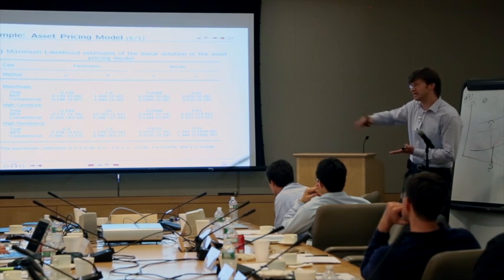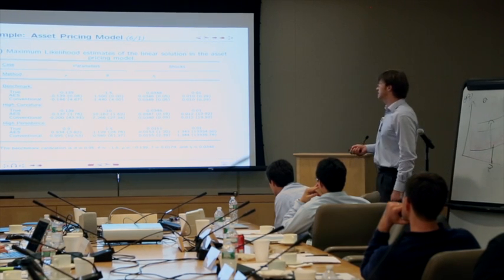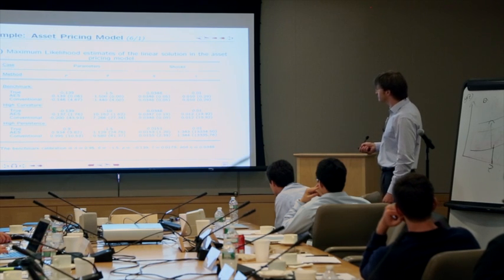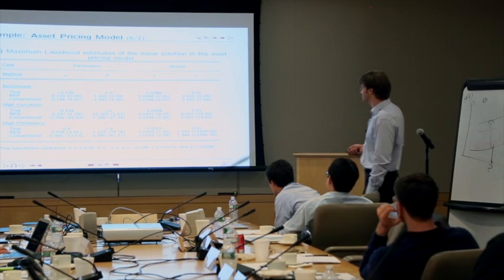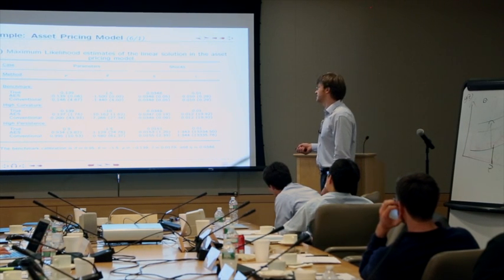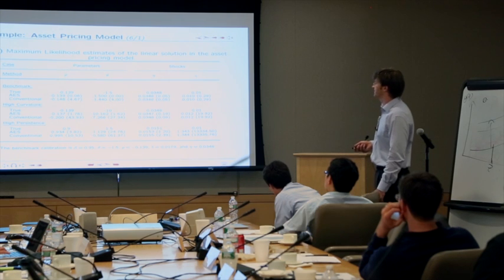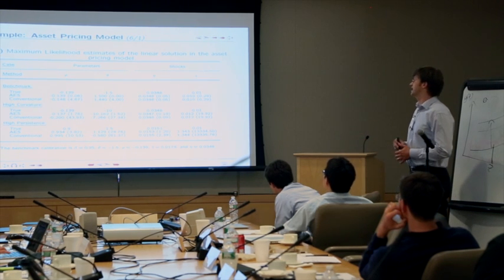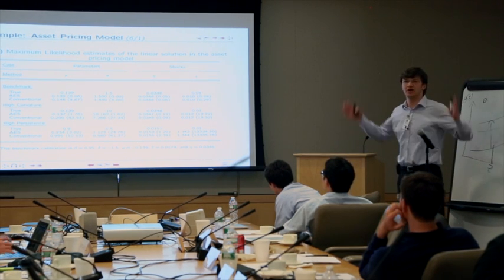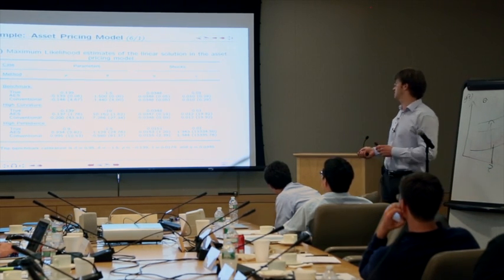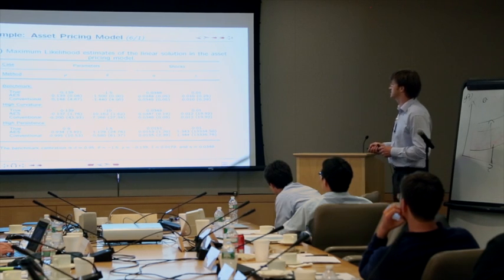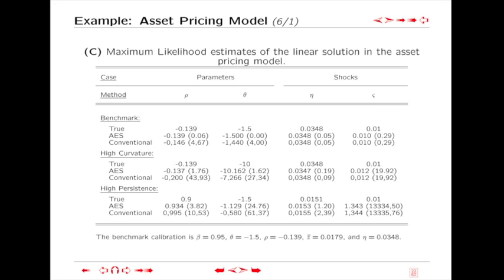For high persistence, my solution also makes a mistake, but it's still better than the conventional approach. And you do not have to impose higher order solutions in order to pick up the effect of risk on these estimates, which would prevent simple linear econometric tools from studying these models.